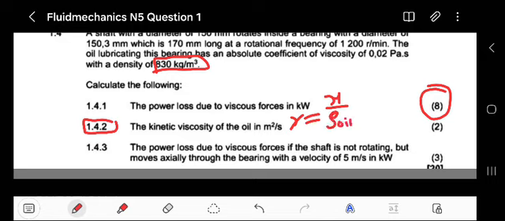This will be equal to 0.02 divided by 830. So what will this value be?